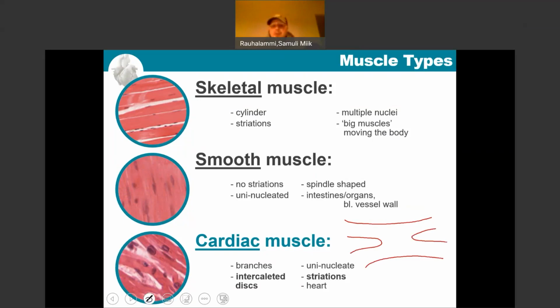In addition to having multiple branches, at the end of these branches, we find a structure called intercalated disc. Intercalated discs and these branches actually serve an important purpose that can be understood by thinking, what does heart tissue do?